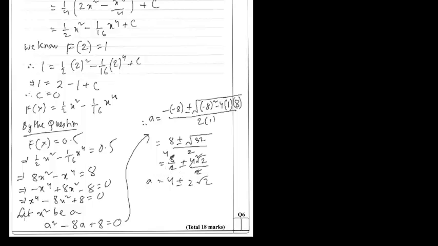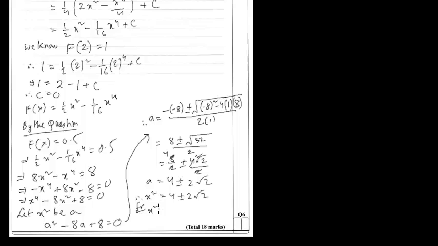Now we need the value of x. So a is x squared, therefore x squared equals 4 plus or minus 2 root 2. Let's take the positive value first, for plus.